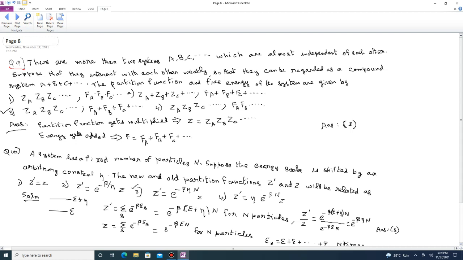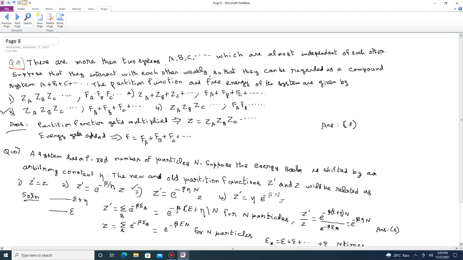Suppose that they interact with each other weakly, so that they can be regarded as a compound system A plus B plus C and so on. The partition function and free energy of the systems are given by... there are 4 options given.